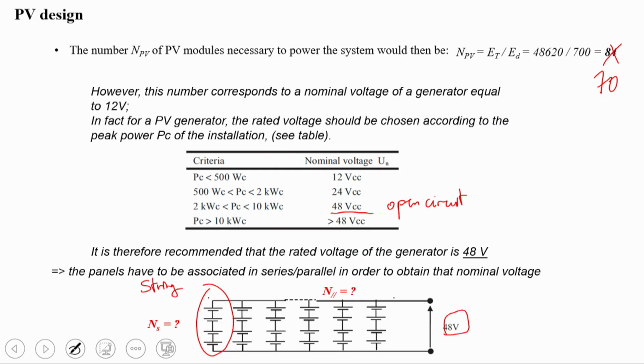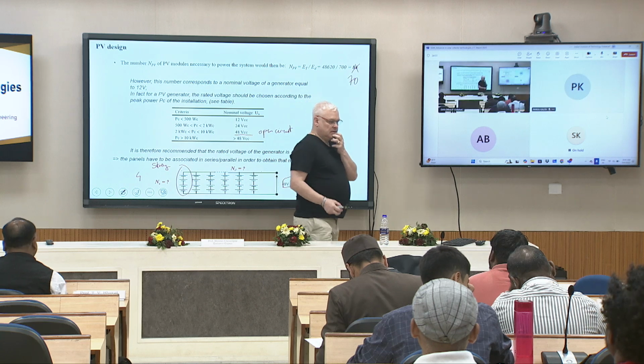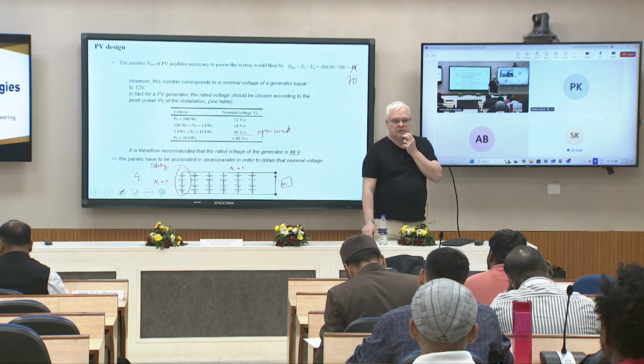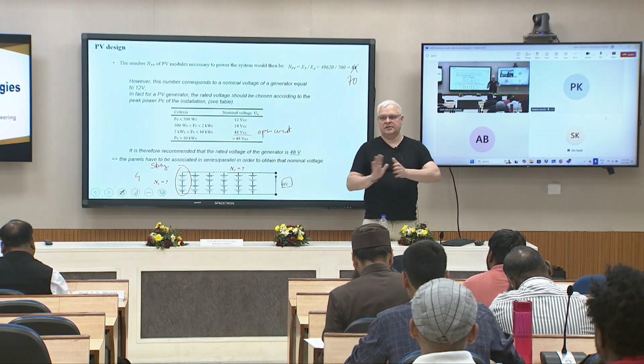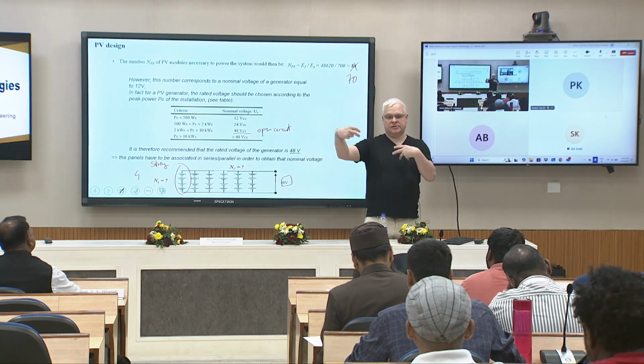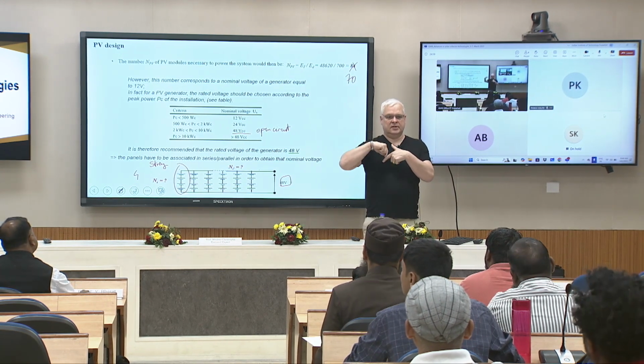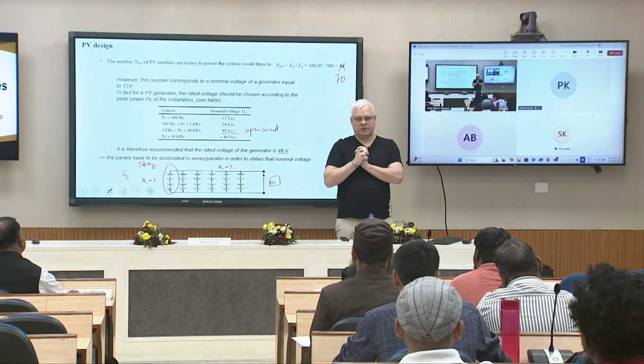So for sure, we have to put 4 PV panels. It's okay? Don't hesitate, because when you put in series, you add the voltage.